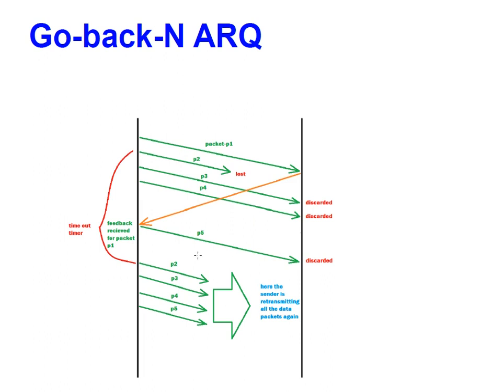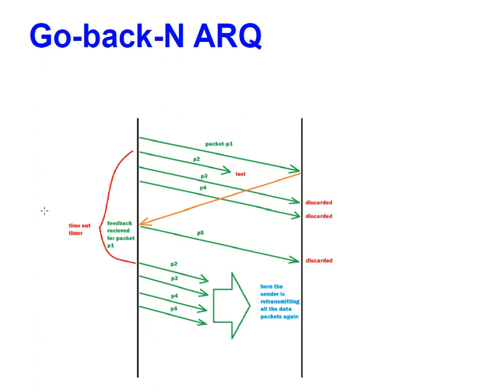In this case the utilization is: if N is greater than 2a plus 1, then U is equal to (1 minus p) divided by (1 plus 2ap), and when N is less than 2a plus 1, U is equal to N times (1 minus p) divided by ((2a plus 1) times (1 minus p) plus Np).